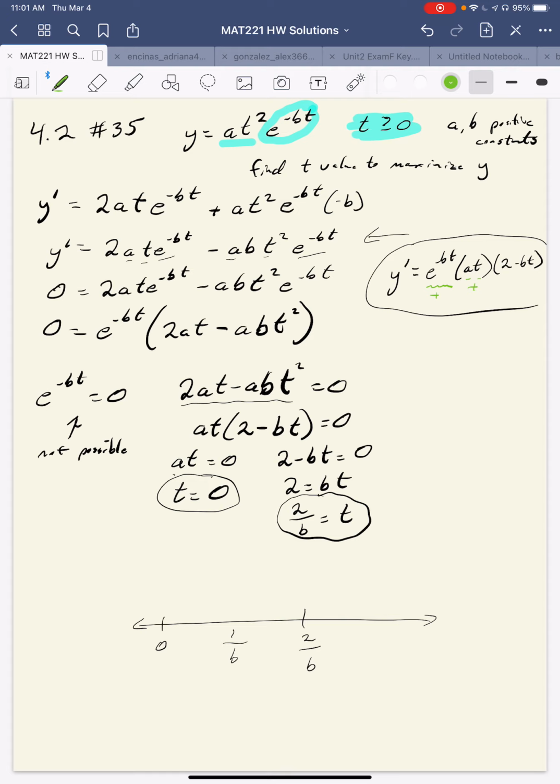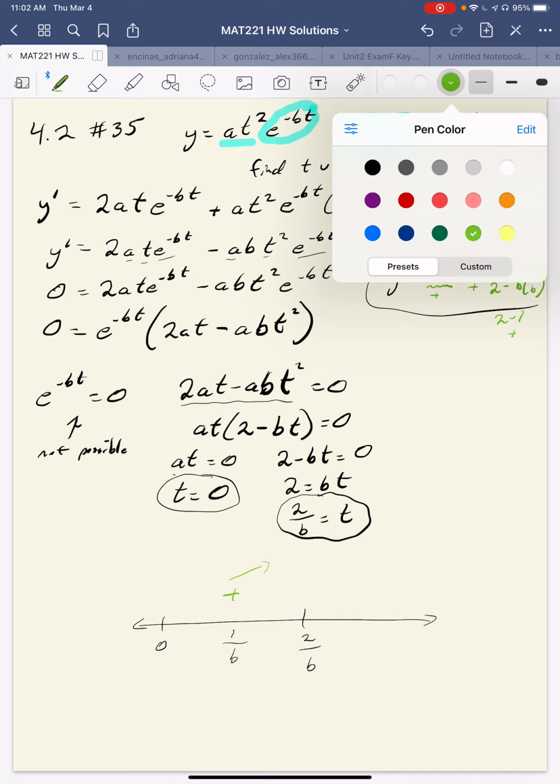So the only thing I really have to look at is what's going on over here. So if I have 2 minus b times 1 over b, that would give me 2 minus 1, which is a positive. So positive times positive times positive gives me a positive value here, which means my original function is increasing.